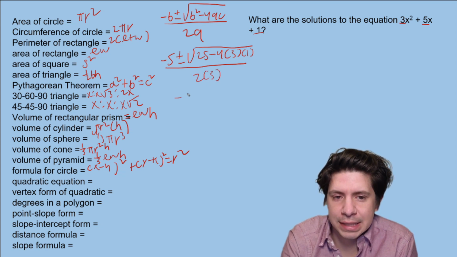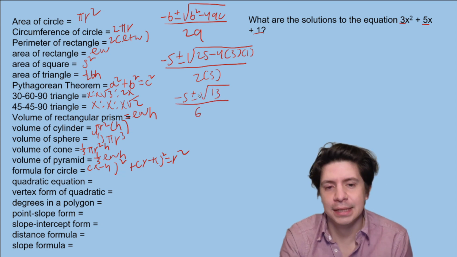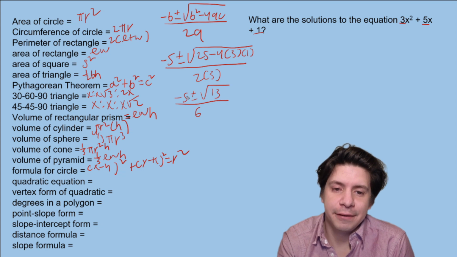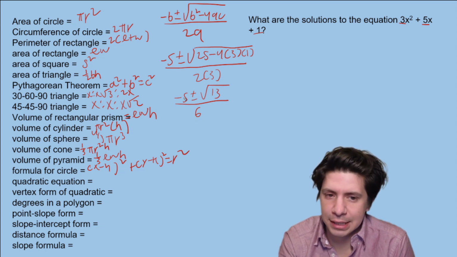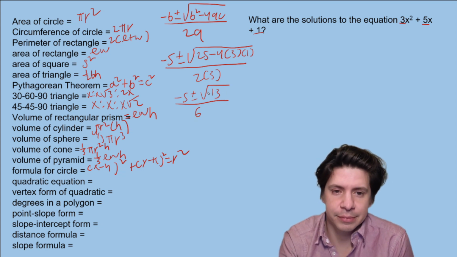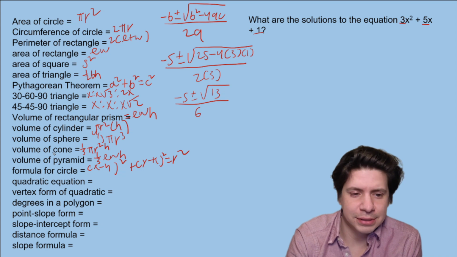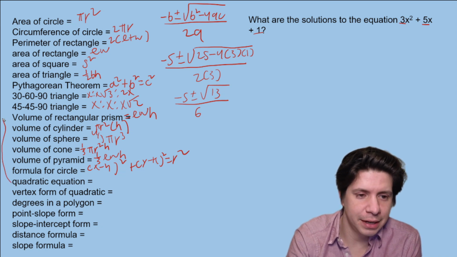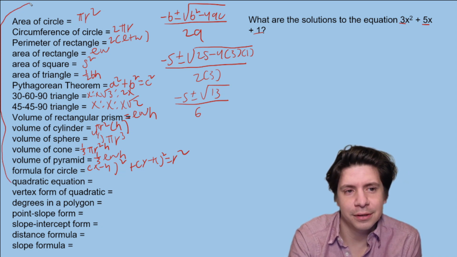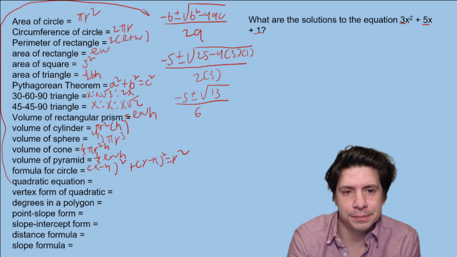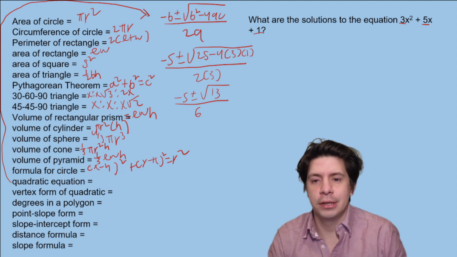And that will give us negative 5 plus or minus root 13 all over 6. And the two solutions would be negative 5 plus root 13 divided by 6 and negative 5 minus root 13 divided by 6. That equation's too big to really fit here, right? There's a lot of equations that had to fit in here. So I'm just going to draw an arrow for it. And we'll go on to the next one.